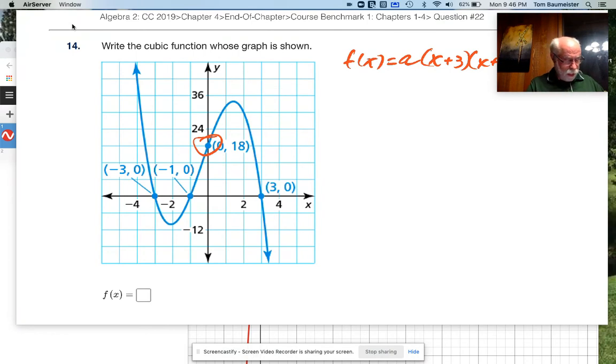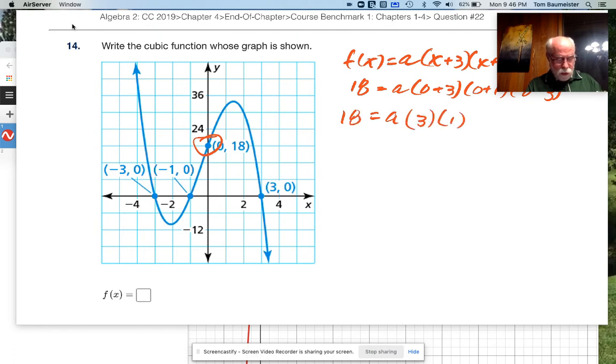So if that's the case, then we're going to say 18, which is our y value, is equal to a times 0 plus 3 times 0 plus 1 times 0 minus 3, which will give us a times 3 times 1 times negative 3.